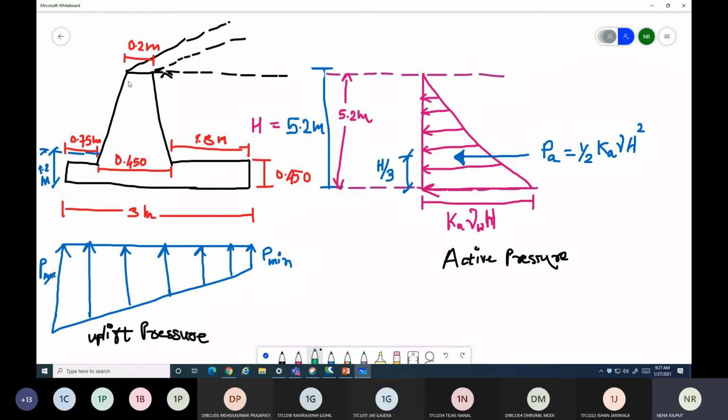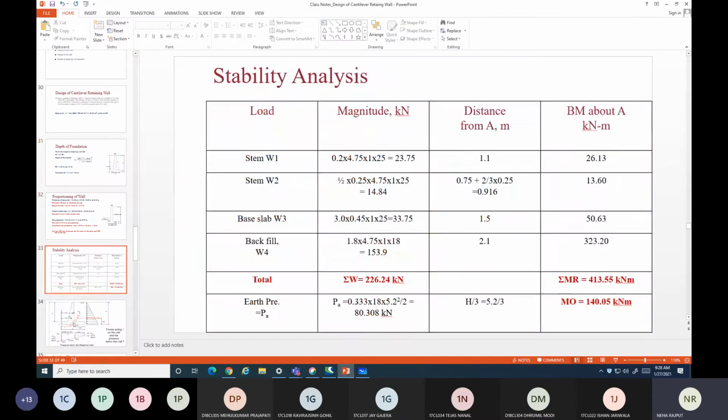Distribution of composite member, that means this is your trapezoidal. Either you can consider this trapezoidal as the full area, or you can divide it into two triangles and one rectangle.